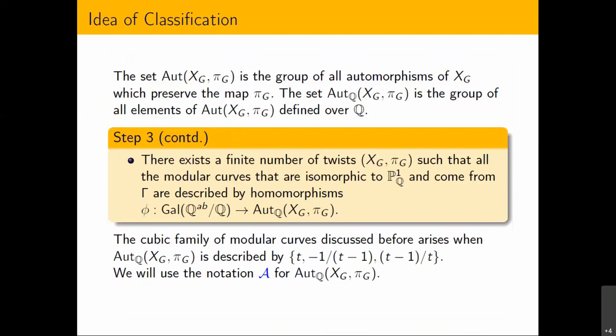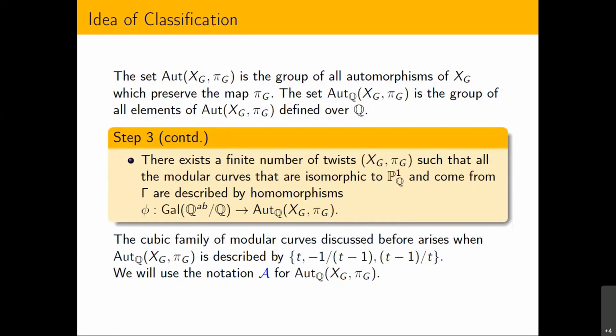Now what happens is that after computing the finite number of twists (X_G, π_G) isomorphic to (X_G0, π_G0), all the other modular curves that can come from this Γ and are isomorphic to P1 over Q come from the cocycles that land inside this group defined over Q. So now the action is trivial on this, so the cocycles become homomorphisms.